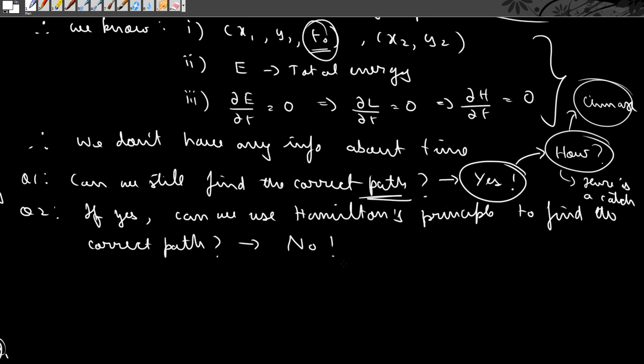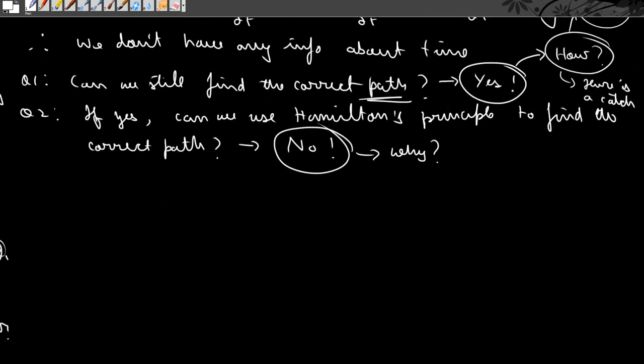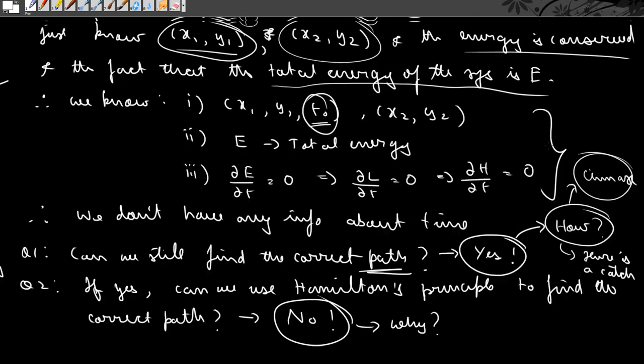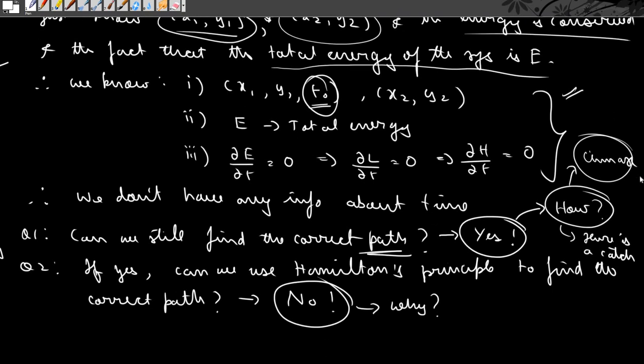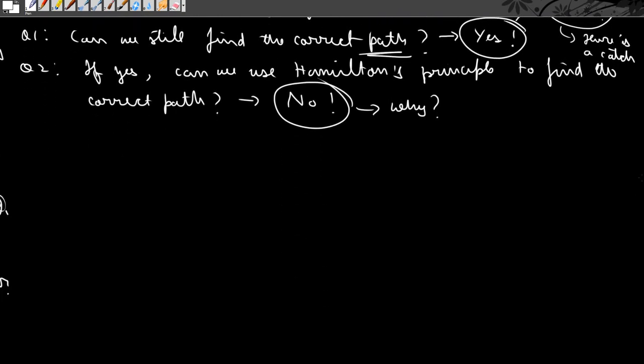And the answer to this question is no. We cannot use Hamilton's principle to find the correct path in this case. So why is the answer no here? That is what we are going to discuss further in this video. Why can't we use Hamilton's principle when we have this information and find the correct path which is taken by the system?